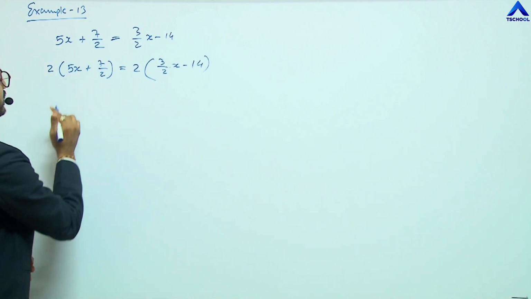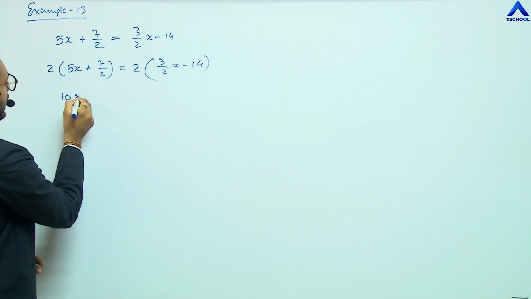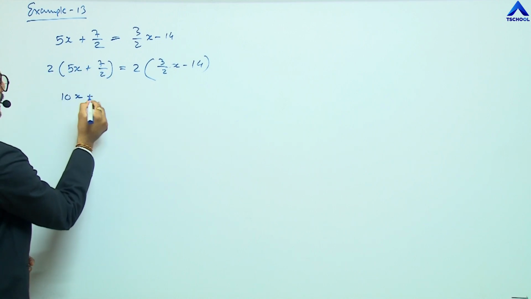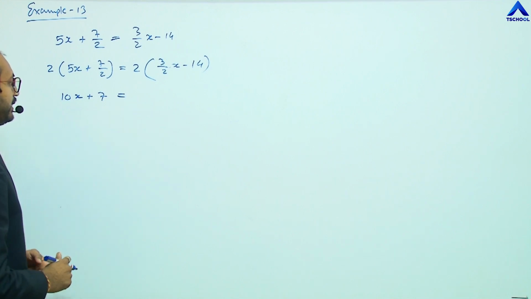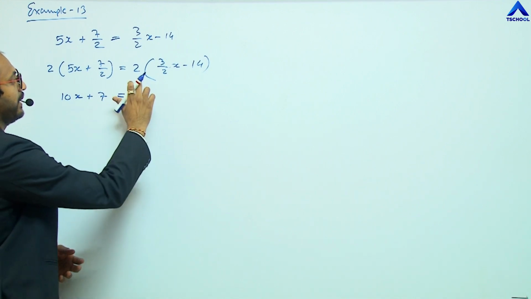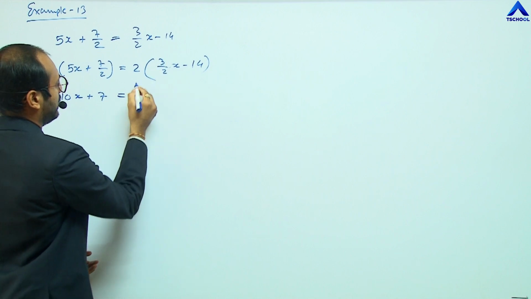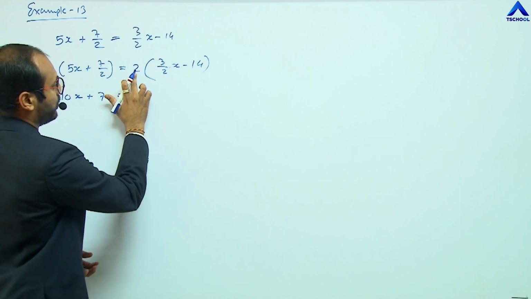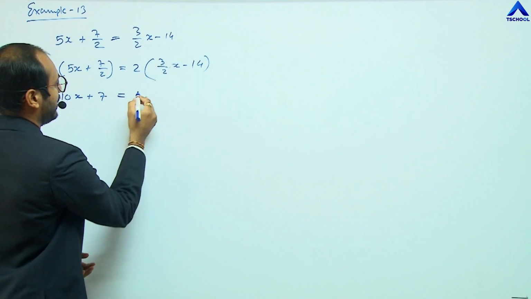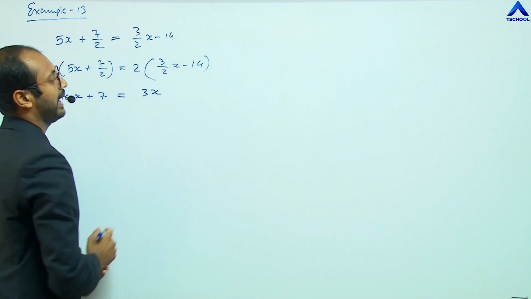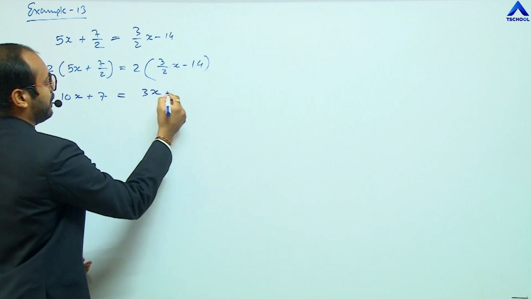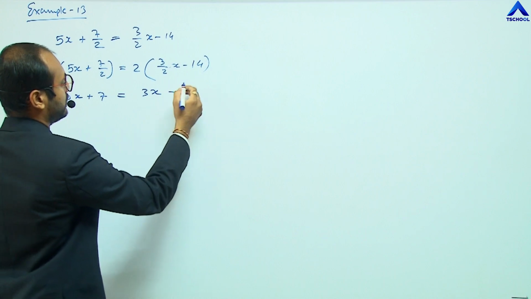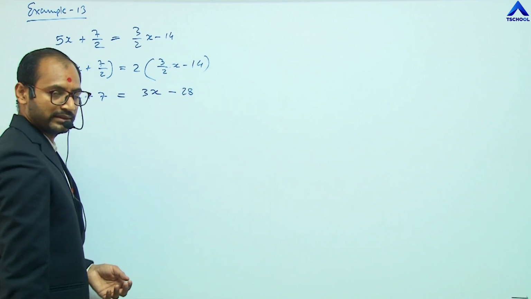Let me multiply here: 5 twos are 10x, and here the 2 and 2 will be cancelled, hence 7 remaining. Let me multiply by 2 here, then 2 multiplied by 3 by 2 x gives, 2 and 2 cancelled, remaining 3x. Let me multiply here 2 with 14, 2 fourteens are 28.